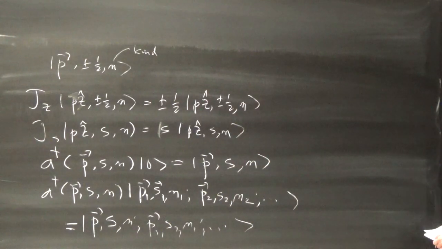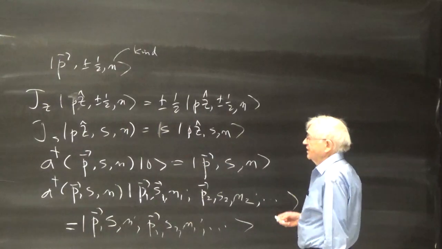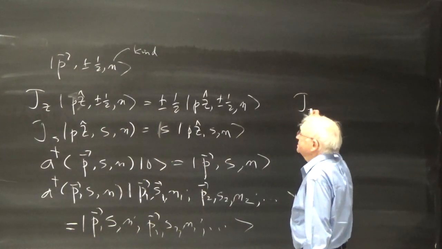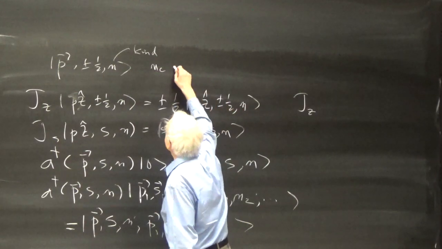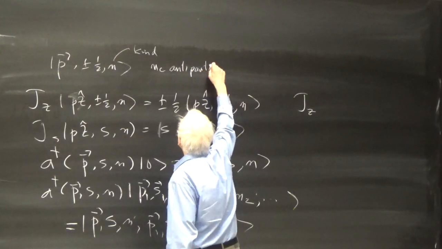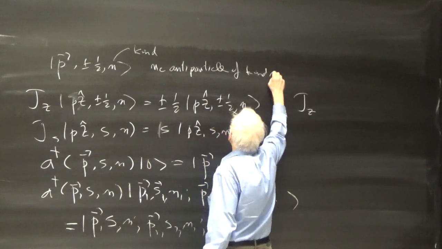And for antiparticles, these equations are just the same thing with n replaced by n_c. So n is kind, n_c is the antiparticle of kind n.